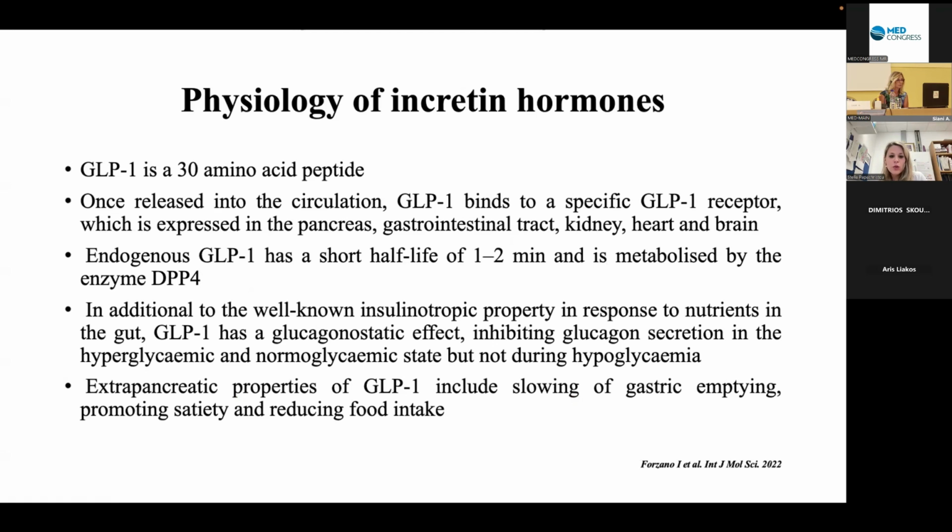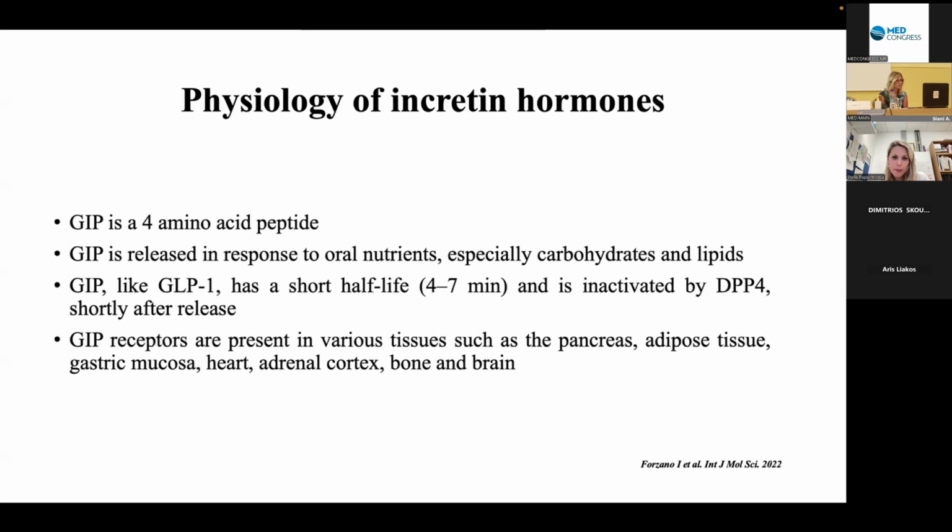In addition to the well-known insulinotropic property in response to nutrients in the gut, GLP-1 has a glucagonostatic effect as well, inhibiting glucagon secretion in the hyperglycemic and normoglycemic state, but not during hypoglycemia. Extrapancreatic properties of GLP-1 include slowing of gastric emptying, promoting satiety, and reducing food intake.